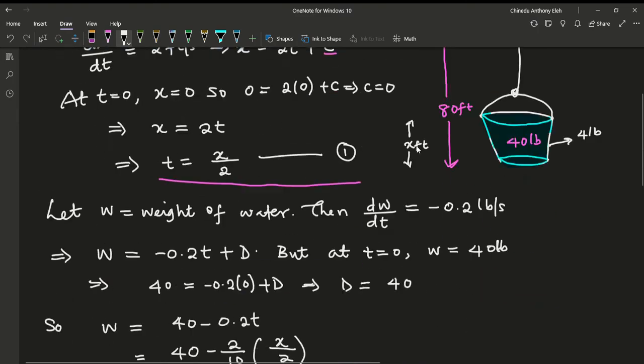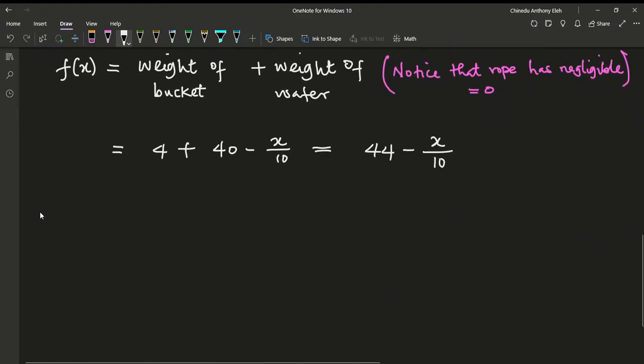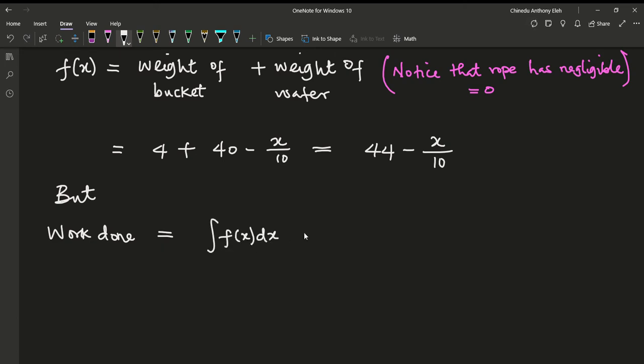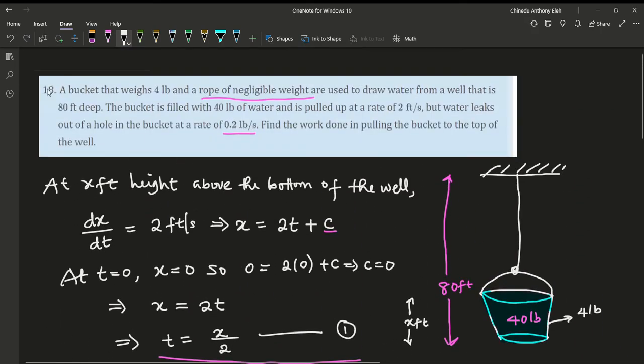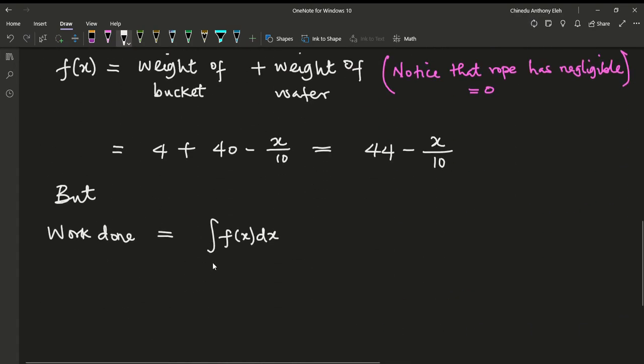Recall that we now want to find the total work done in raising the bucket up, which is the integral of force with respect to distance. But the well is 80 feet deep, so we integrate from 0 to 80, and we're given the force to be this, so I just plug in.